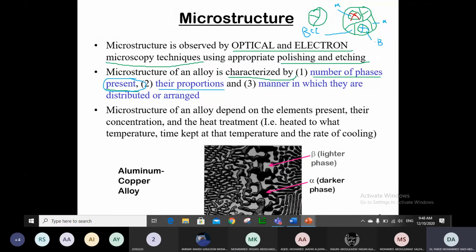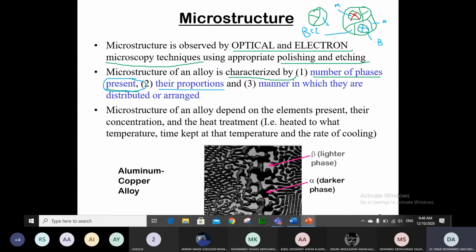Not only the number of phases and their proportions, but also their compositions as well. Although this is a phase, what is the composition itself? Let's say this is, for example, ferrite, or this is martensite by itself. This is a BCT crystal structure.